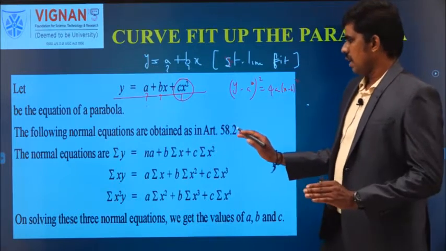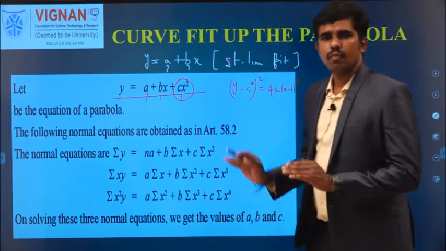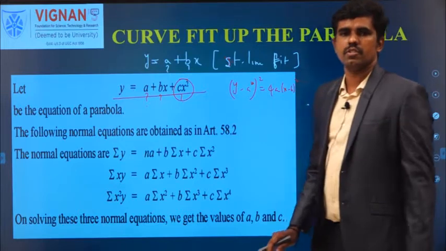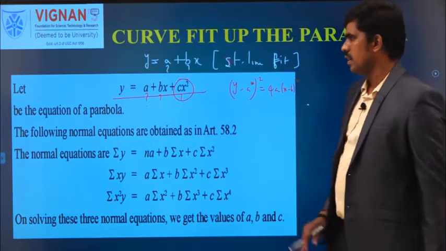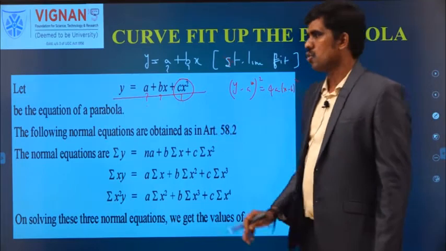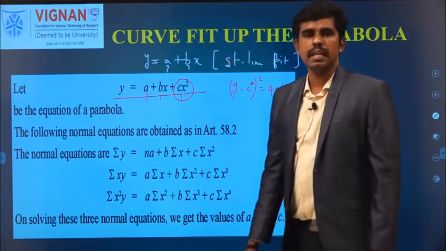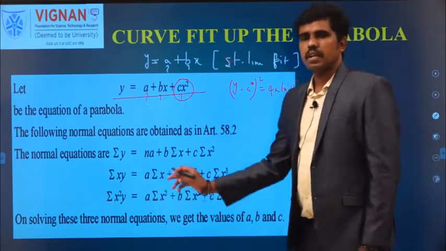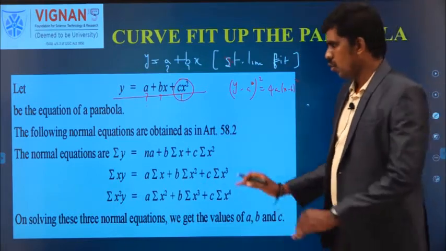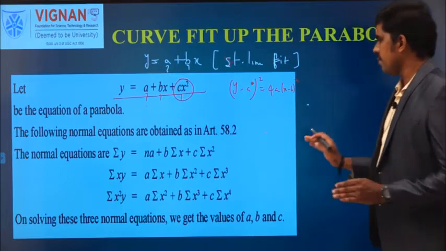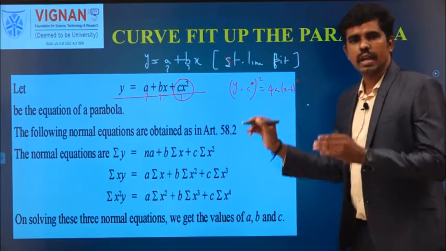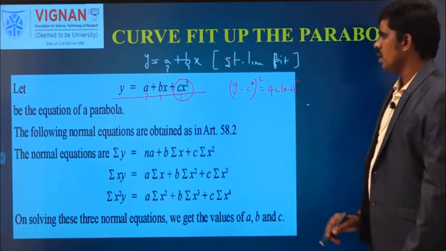So we need normal equations like we did in the straight line fit. We need normal equations to find those a, b and c. So what are the normal equations? There is no need to mug up everything. I will tell you how to write these normal equations. It is very simple.